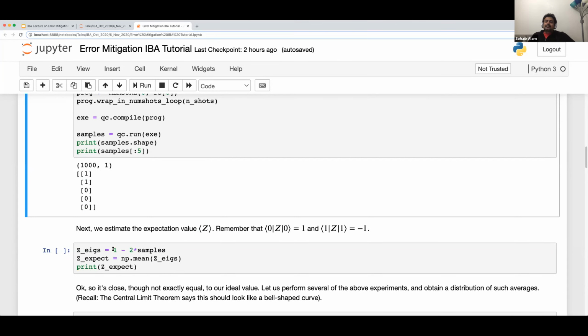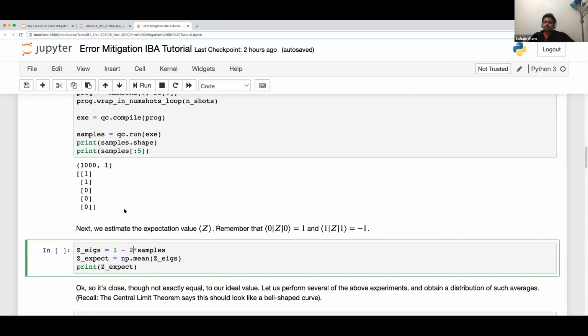A quick and simple way of mapping this huge array of ones and zeros into an array of -1s and ones respectively is to just say 1 minus 2 times this entire array. The nice thing about NumPy is that if samples is a NumPy array, then this carries out the operation on each element.